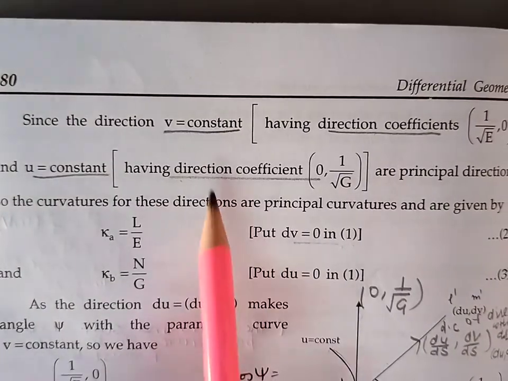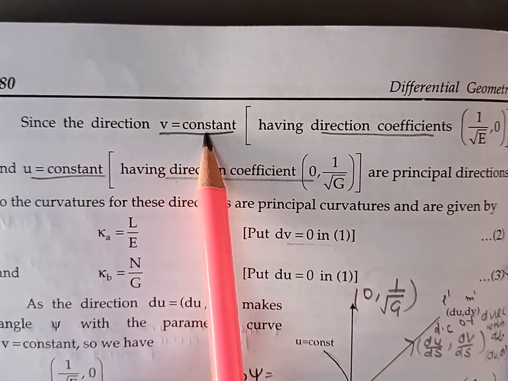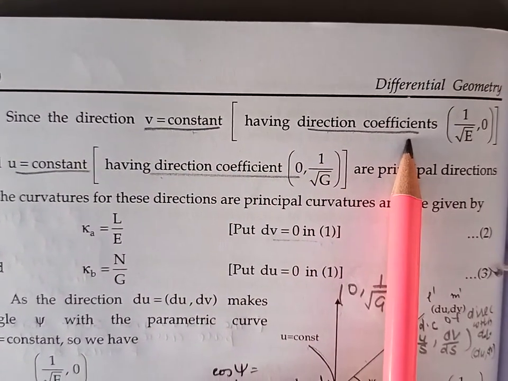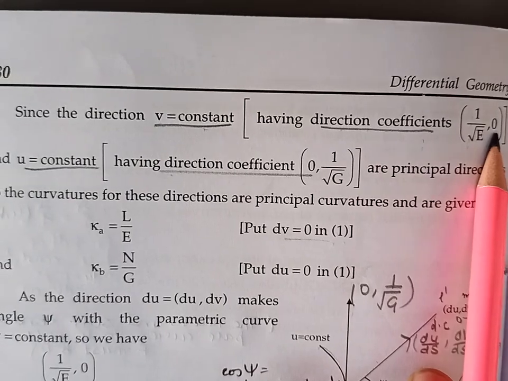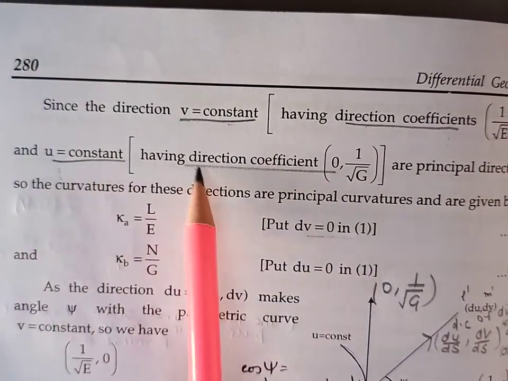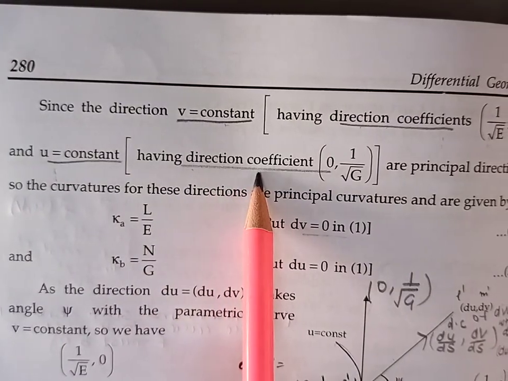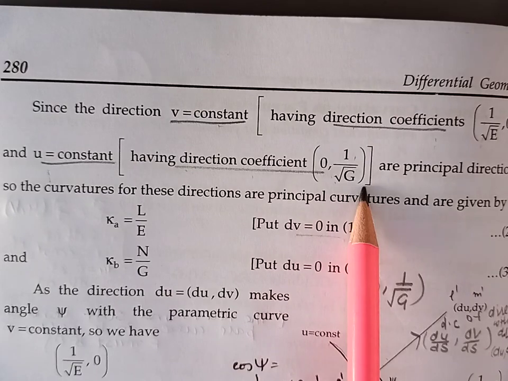Now, as we already discussed in chapter 4, for the parametric curve v = constant, the direction coefficients are given by 1/√E, 0, and for the parametric curve u = constant, the direction coefficients are given by 0, 1/√G.